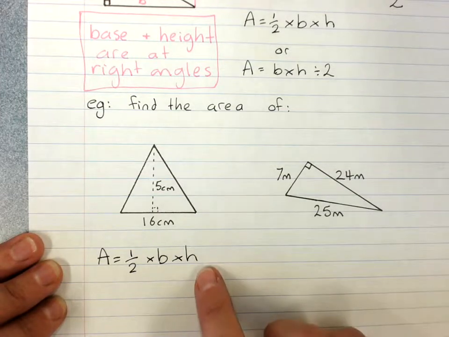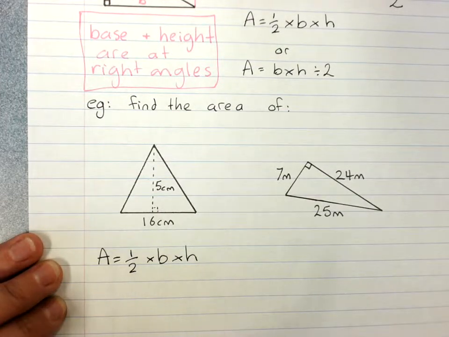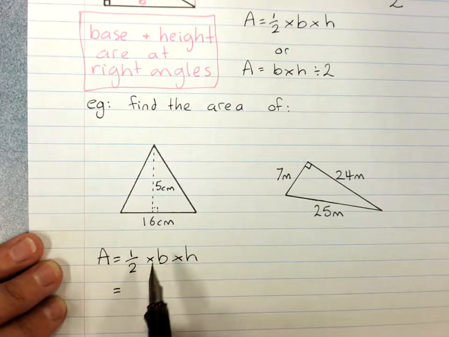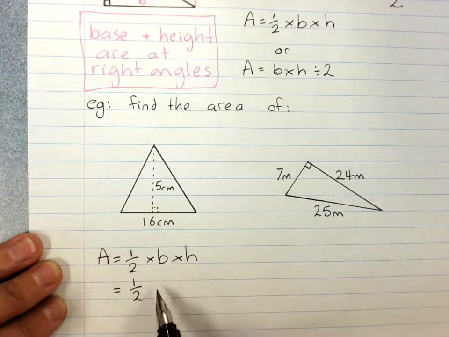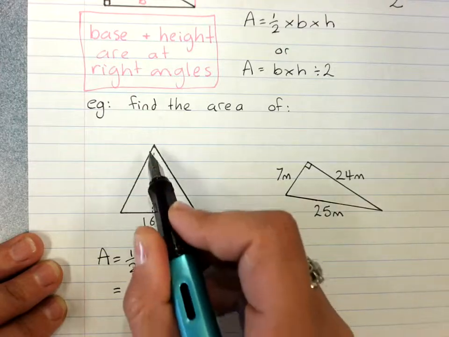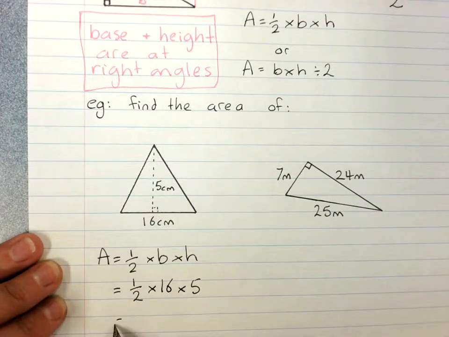So you must write the formula, equal signs underneath each other, still keep the half in there, times the base is 16 times the height is 5.